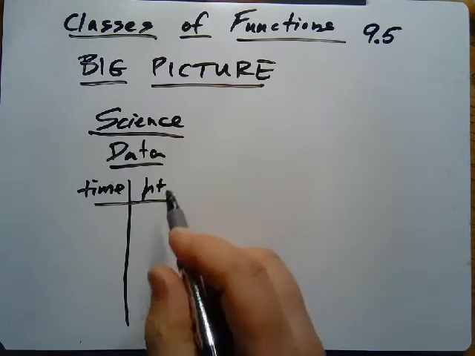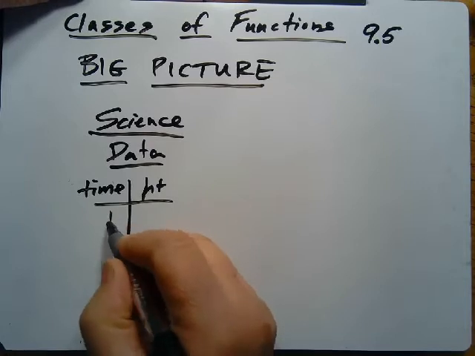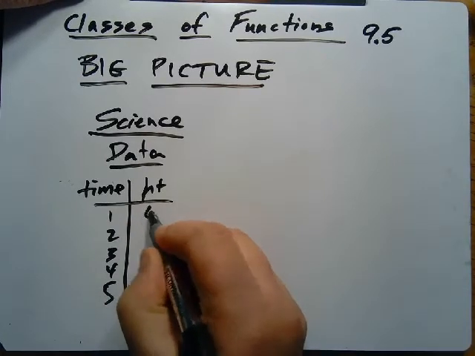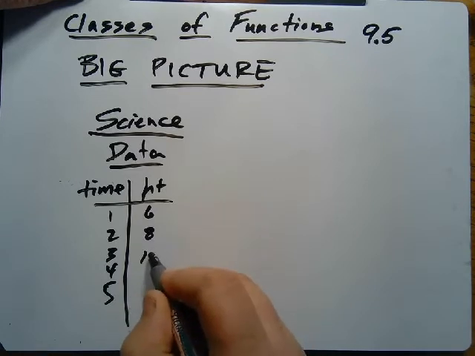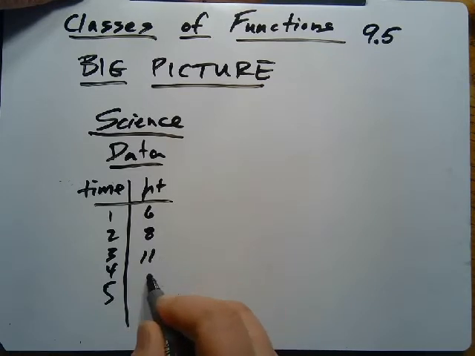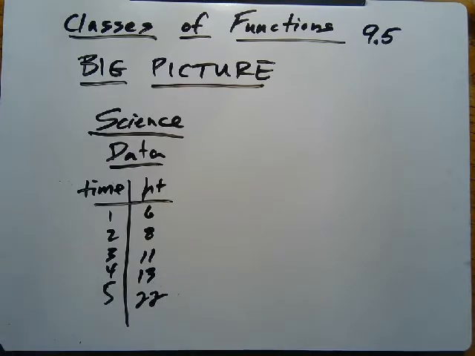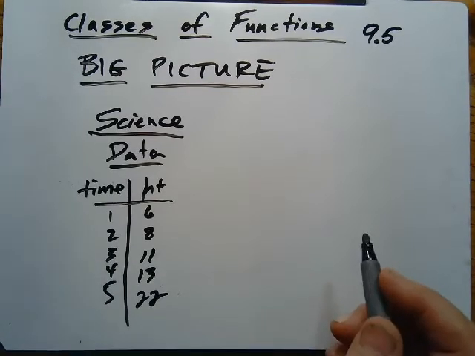And when we have all this data written on a table, it might look something like this. Sometimes just looking at the data on the table, you can see maybe a pattern, but sometimes the pattern is not real clear.